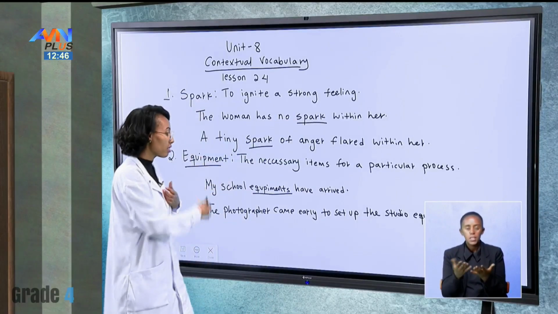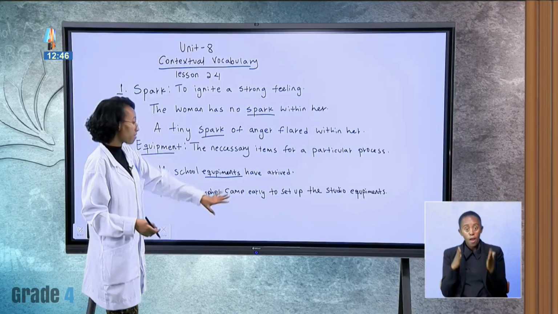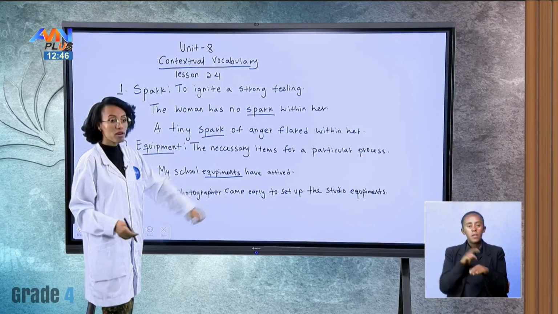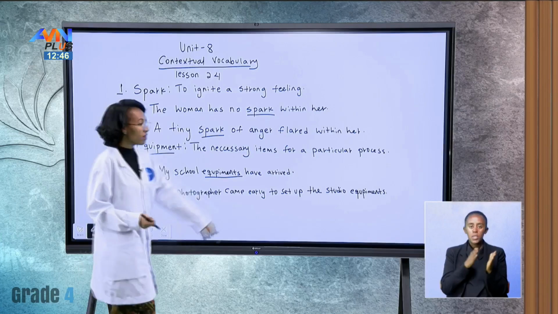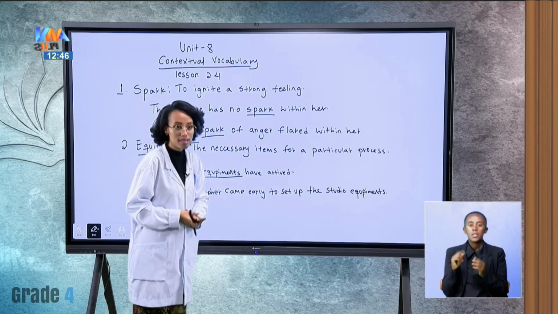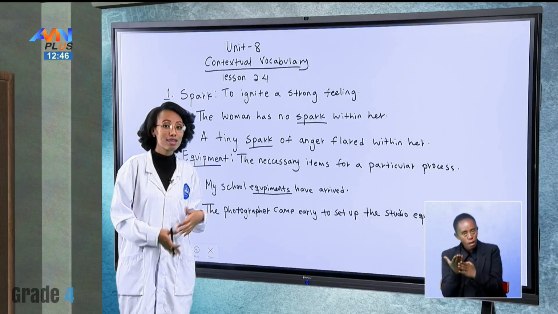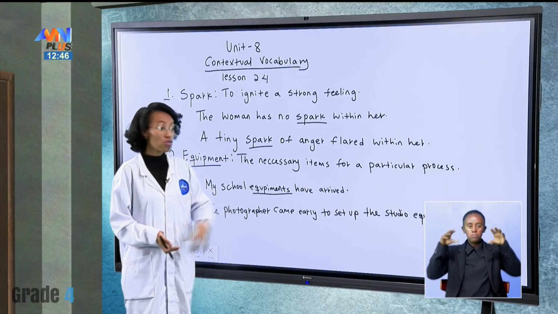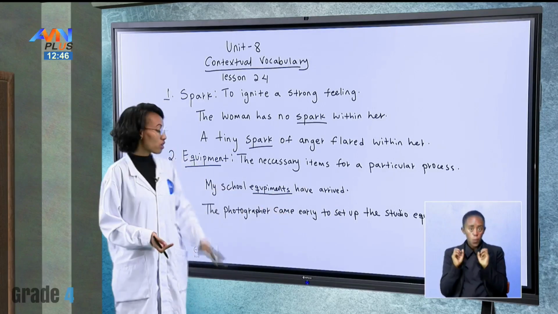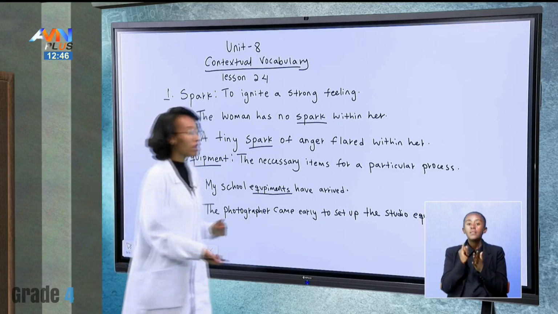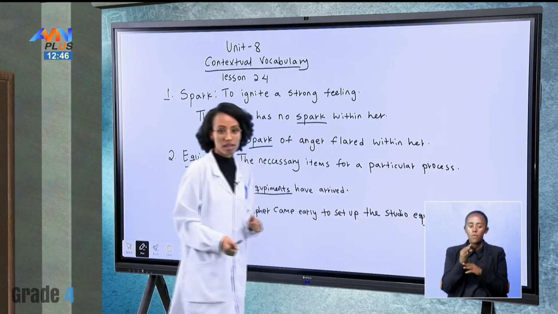Again, the photographer arrived early to set up the studio equipments. The materials like cameras and lightings or different kinds of things used in the studio. Okay? So that is another way of using this word.